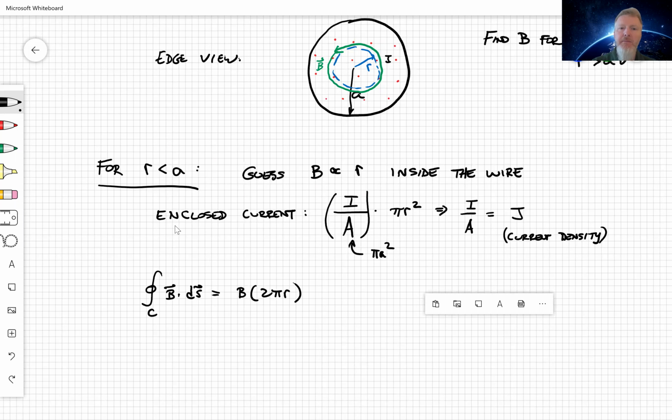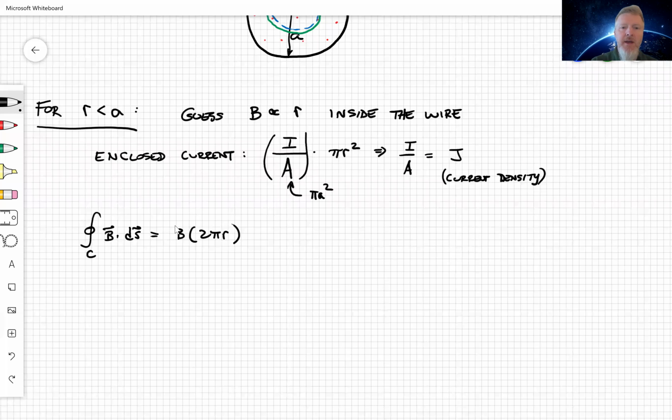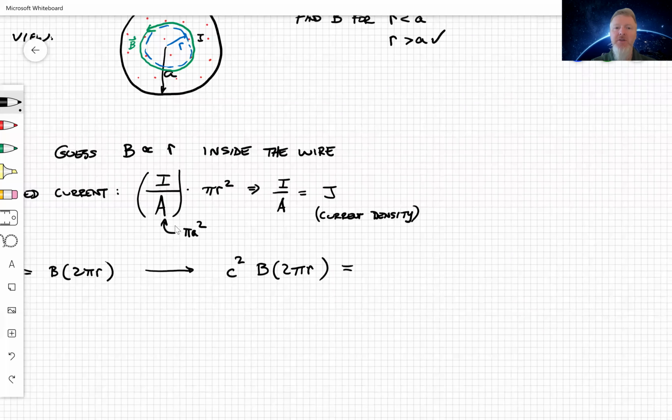So now I can hit it with Ampere's law and go for the full thing. I'm going to do c squared B 2 pi r equals the flux of current density. That would have been J dot dA, right? So maybe I should just go through and do a quick evaluation of that.